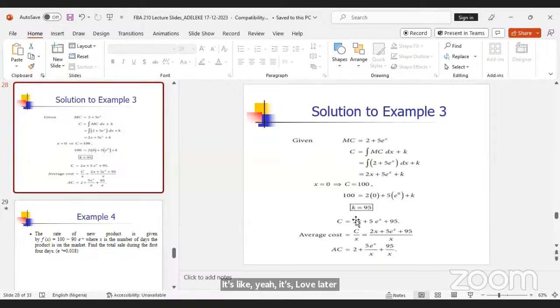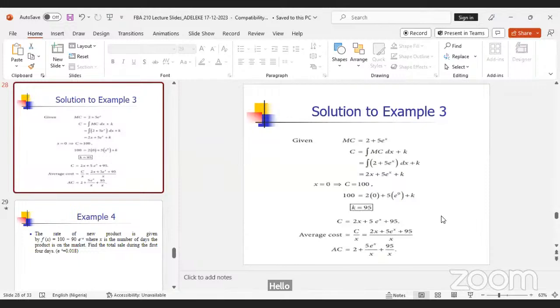No, look, there are two questions in one. The first question is the total function. The second question is the average. So C equals 2x plus 5 exponential x plus 95 is the total cost function.